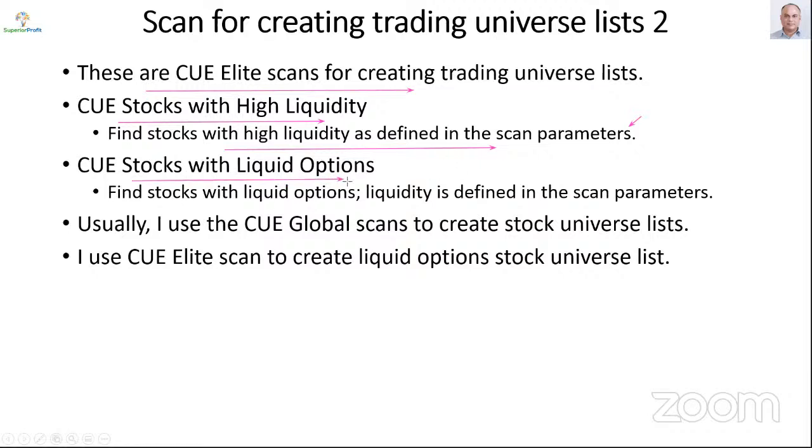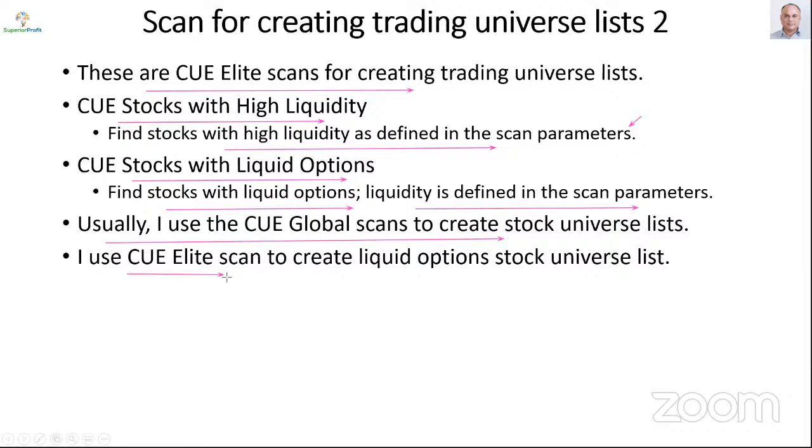And Q stocks with liquid options: find stocks with liquid options. Not only liquidity is checked for stocks, but of options. Again, liquidity is defined in the scan parameters, not global parameters. Usually, I use the global scans, Q Global scans, to create stock universe lists.